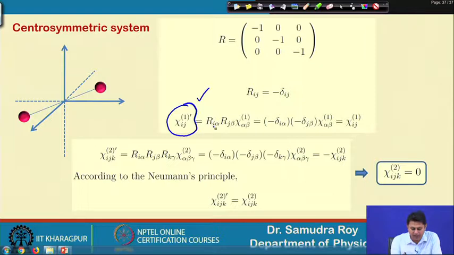So, it should be R i alpha, R j beta, and chi alpha beta. Once we have this relationship in our hand and we put in the delta operator, then we find that it will be minus 1 times minus 1, which is 1. So, chi i j and chi i j are the same. That means for a centrosymmetric system there is no change. If I apply the symmetry operation, there is no change of the first order susceptibility.